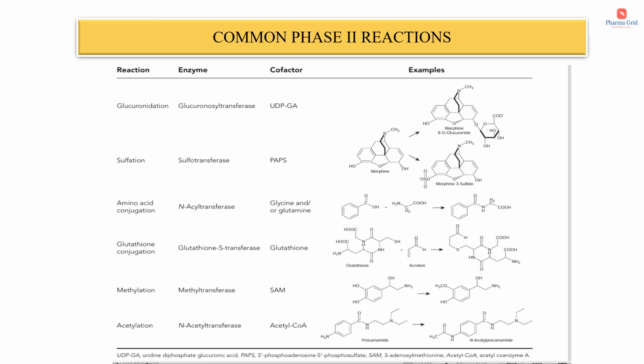Next one is glutathione conjugation. The enzyme involved is glutathione S transferase and the cofactor is glutathione. Next phase 2 reaction is methylation. The enzyme involved is methyl transferase and the cofactor is S-adenosyl methionine. Next reaction is acetylation. The enzyme involved is N-acetyl transferase and the cofactor is acetyl coenzyme A.